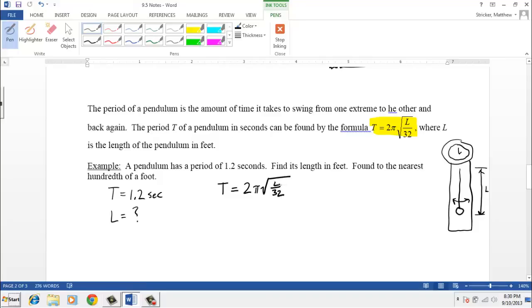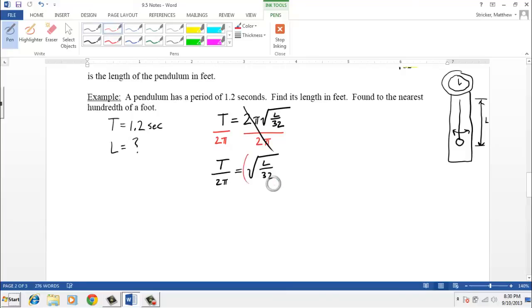So if I want to do that, I of course first need to isolate the radical. I need to divide both sides by 2 pi, which gives us T divided by 2 pi equals the square root of L over 32, because the 2 pi's cancel.